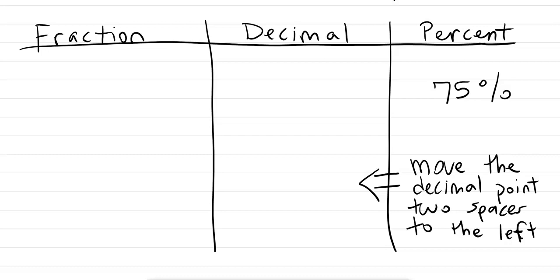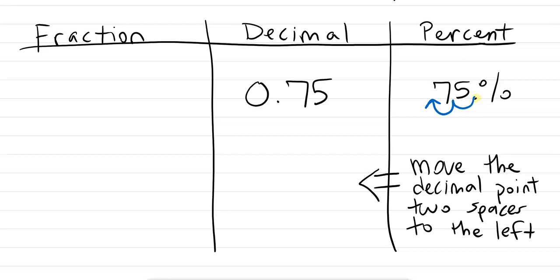So remember, if you don't see the decimal point, it is going to be right after the last digit in your number. So in our example, the decimal point is going to be right here after the 75. So this time I'll move it 2 spaces to the left, so I count once and then twice. So my new number as a decimal is 0.75.